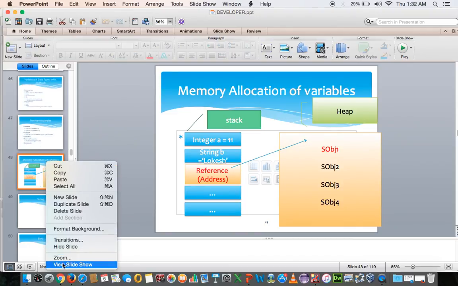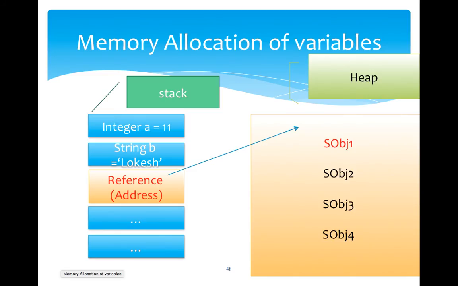And if you see this diagram, here I have shown memory allocation of variables. I have defined a variable a which stores 11 and which is of integer type. Similarly, I have defined a string variable which stores a string of characters, and there is another kind of variable which is a reference type.